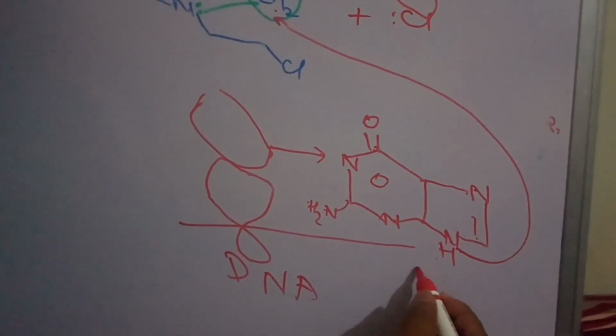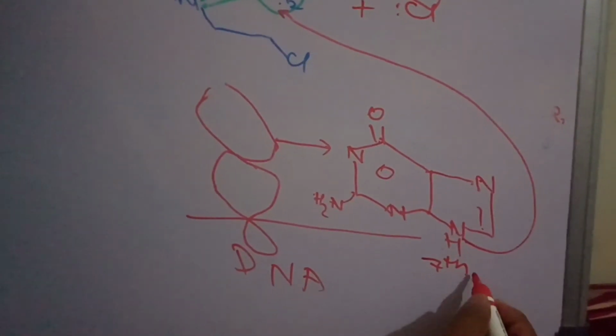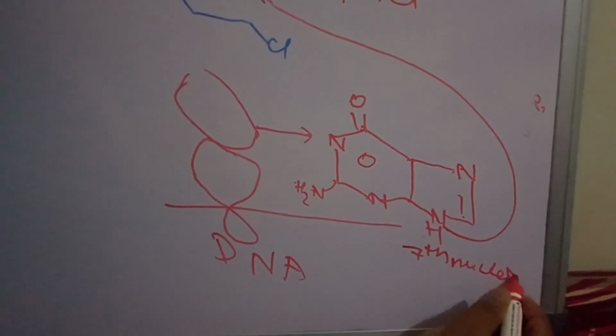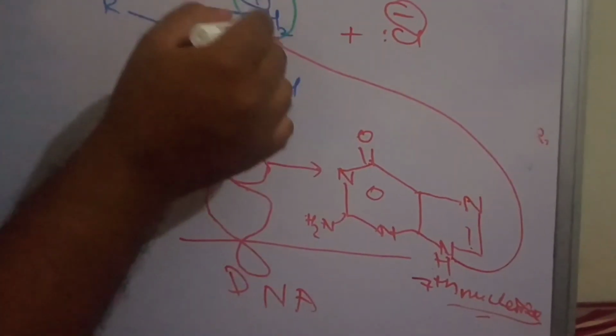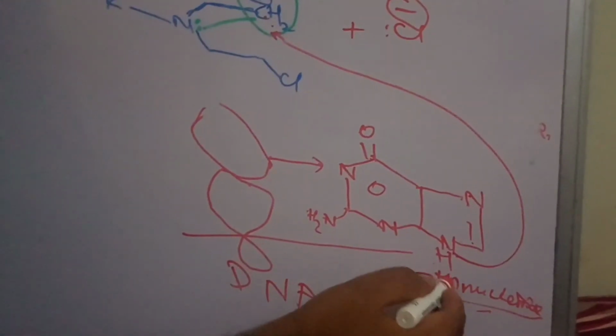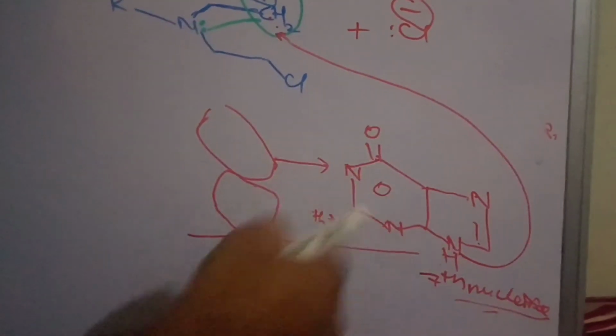So the seventh position of the nucleotide goes and attacks the positive charge. This is the nucleophile because nitrogen has a lone pair of electrons. What bond is formed? They form a covalent bond.